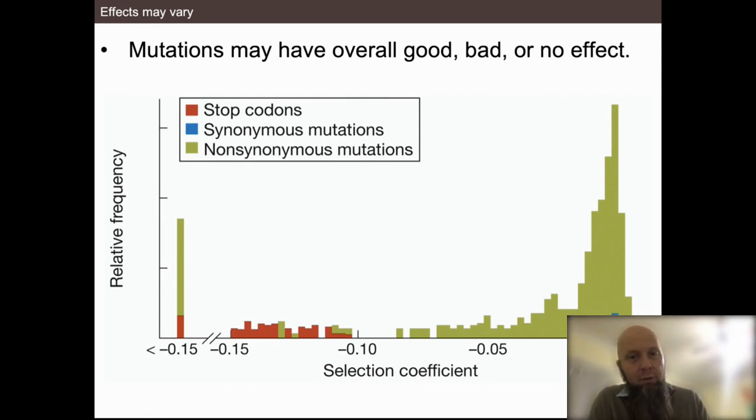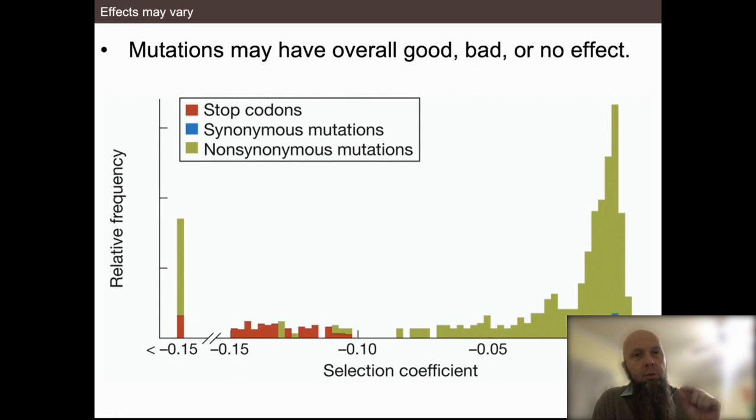Most of them that do have an effect, it's negative. And if they have a positive effect, it's a very small one, right? This graph doesn't go really far to the right side because there aren't single mutations to nucleotide sites that have enormous beneficial consequences, okay?